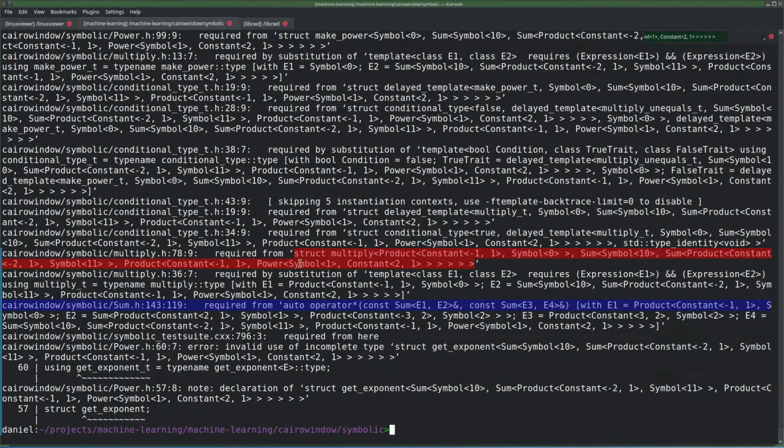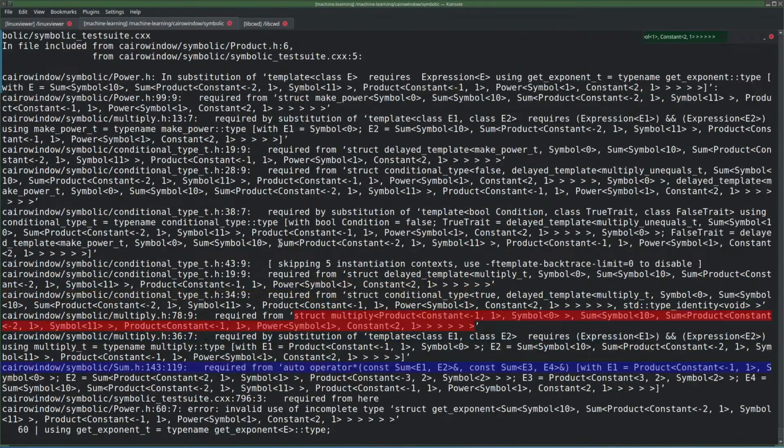That's where it is. That is a multiply of a product between a constant and a symbol and a sum.